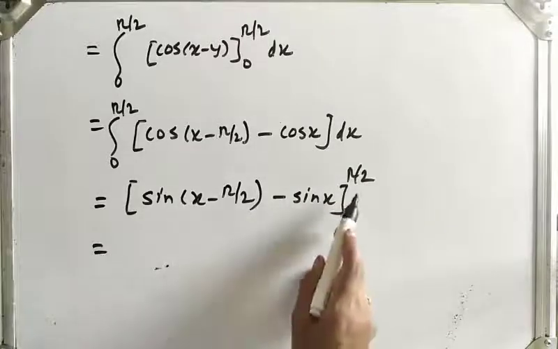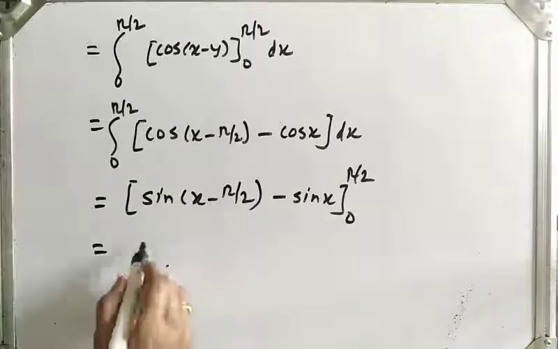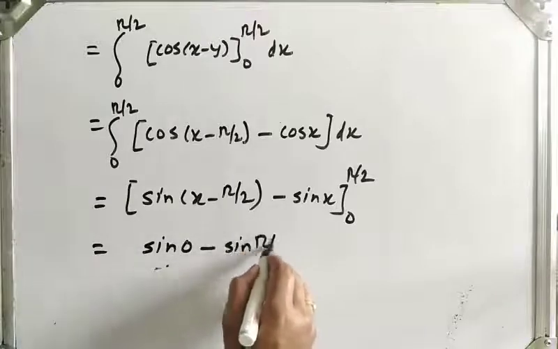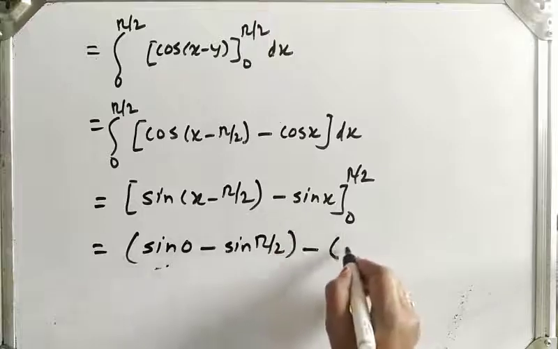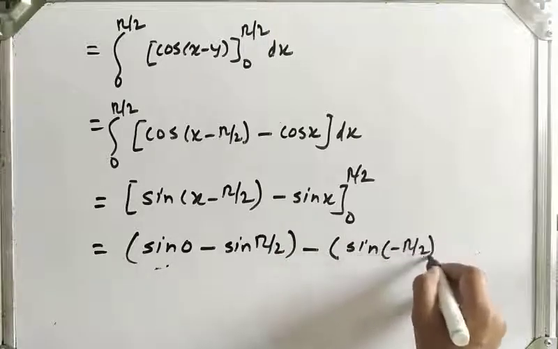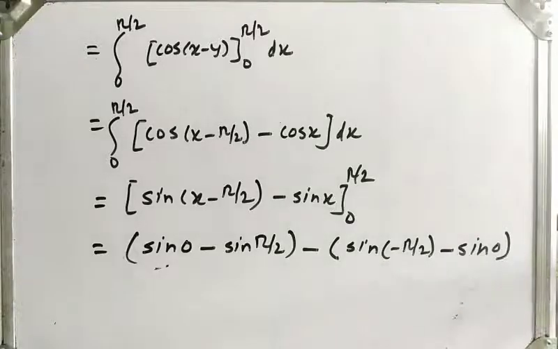Next, after applying the limit, it will be sine of (pi by 2 minus pi by 2), that is sine 0, minus sine pi by 2, okay, minus the lower limit 0, sine of (minus pi by 2), minus sine 0. So what do we get here?